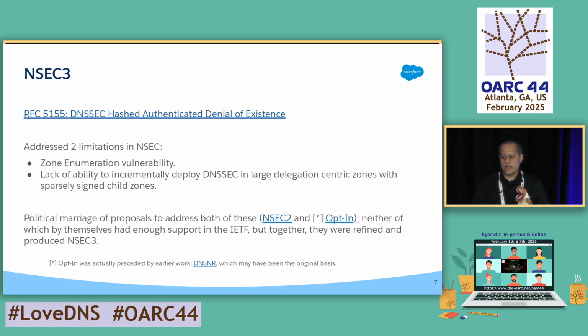And the second one is lack of incremental deployability. So there's a long, interesting history about how NSEC3 came about, including the preceding proposals like NSEC2 and DNS non-repudiation and something called opt-in, which were eventually combined to produce NSEC3.